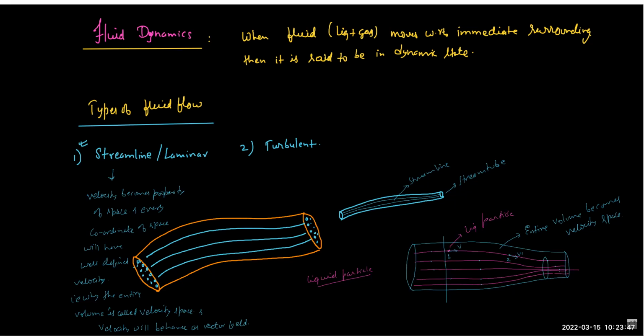And because this is the flux due to velocity space, in physics we call it velocity flux. So flux is the count of lines, or you can say streamlines, passing through a given cross section.